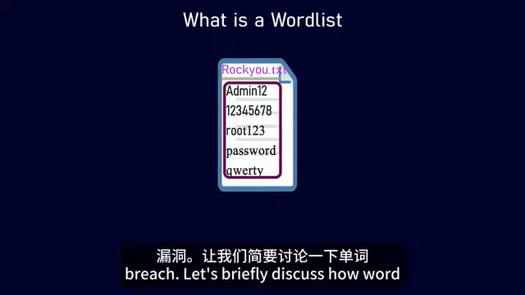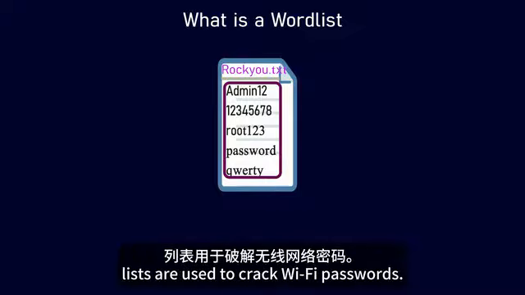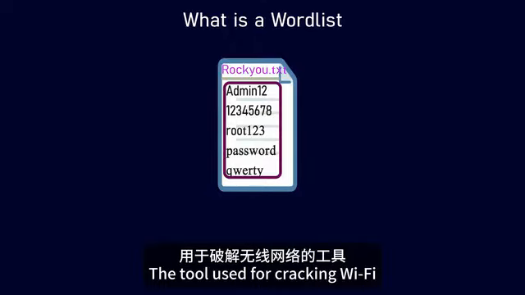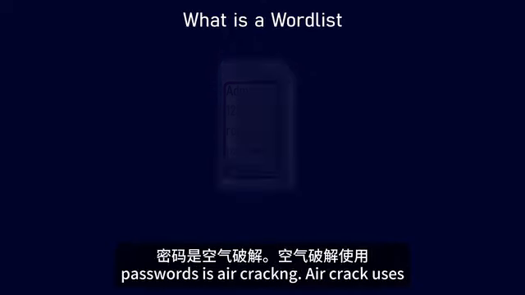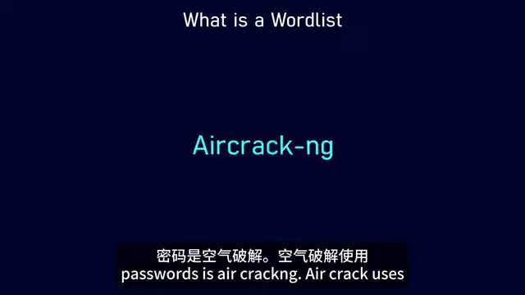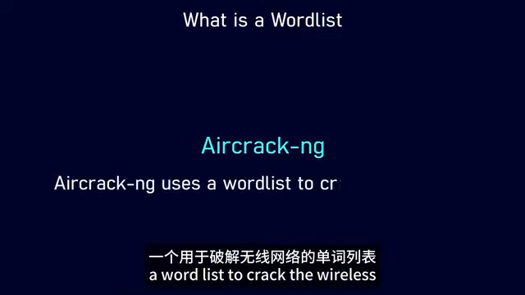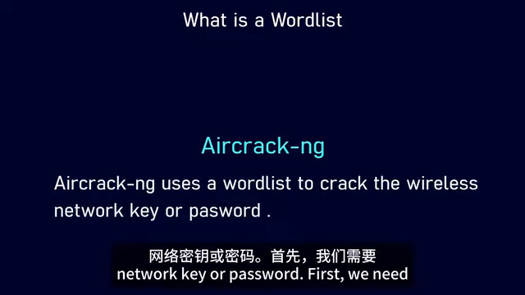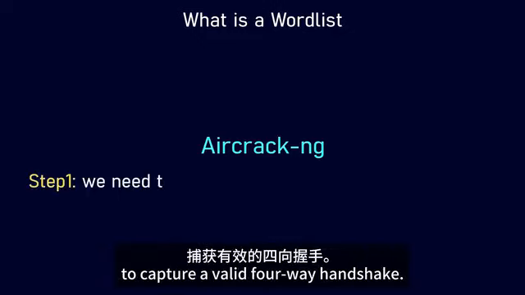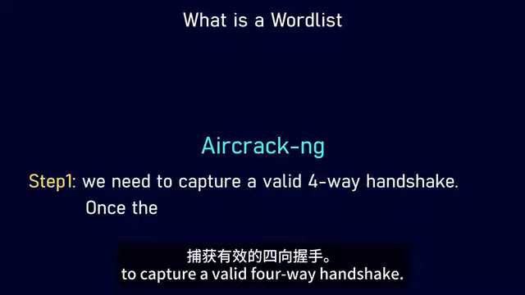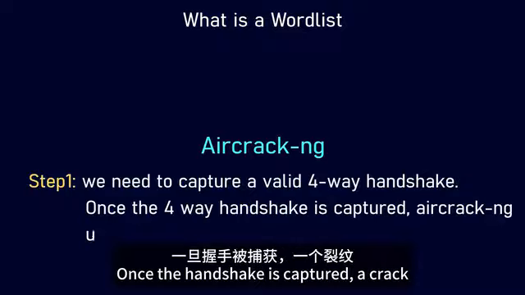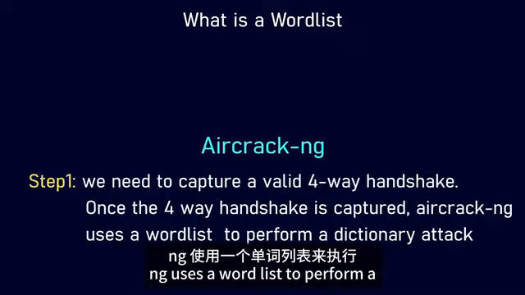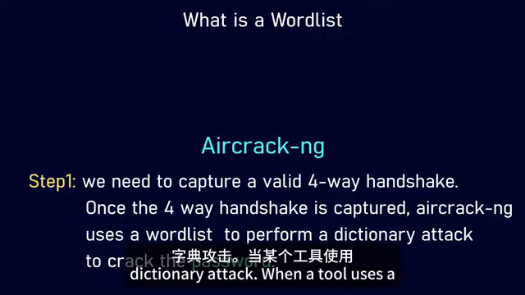Let's briefly discuss how word lists are used to crack Wi-Fi passwords. The tool used for cracking Wi-Fi passwords is Aircrack-ng. Aircrack uses a word list to crack the wireless network key or password. First, we need to capture a valid four-way handshake. Once the handshake is captured, Aircrack-ng uses a word list to perform a dictionary attack.